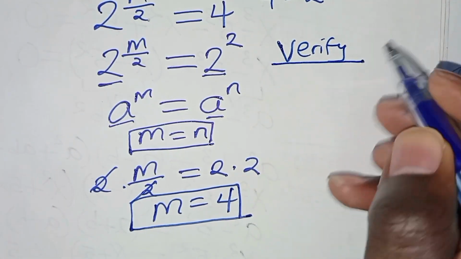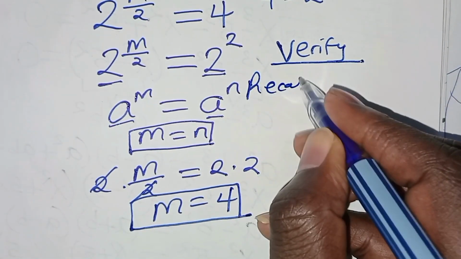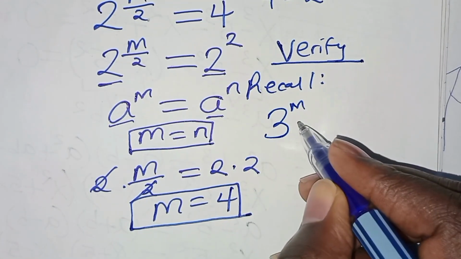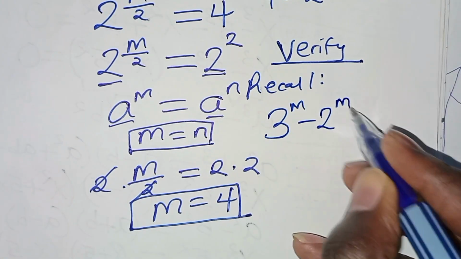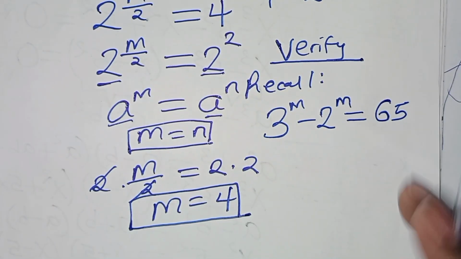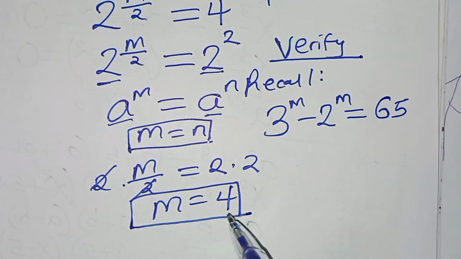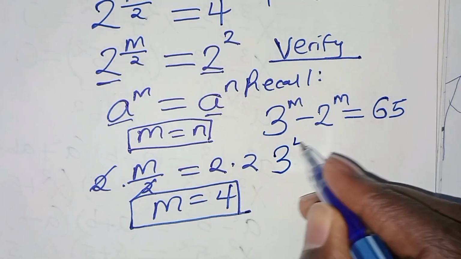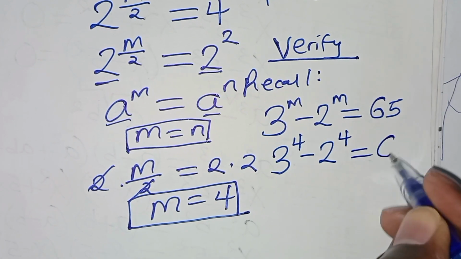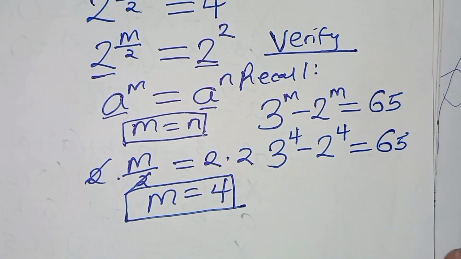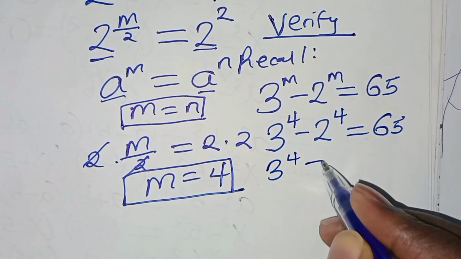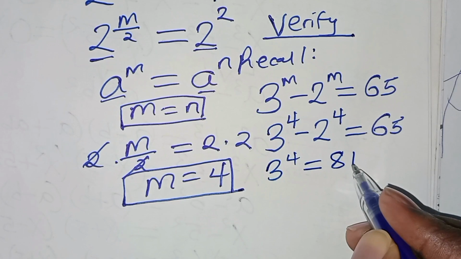Now, if you recall here, we have seen that 3 to power m subtract 2 to power m should give us a value of 65. Now, given that m is equal to 4, we'll have 3 to power 4 subtract 2 to power 4. This should give us a value of 65. Now, this implies that 3 to power 4 here is equal to 81.